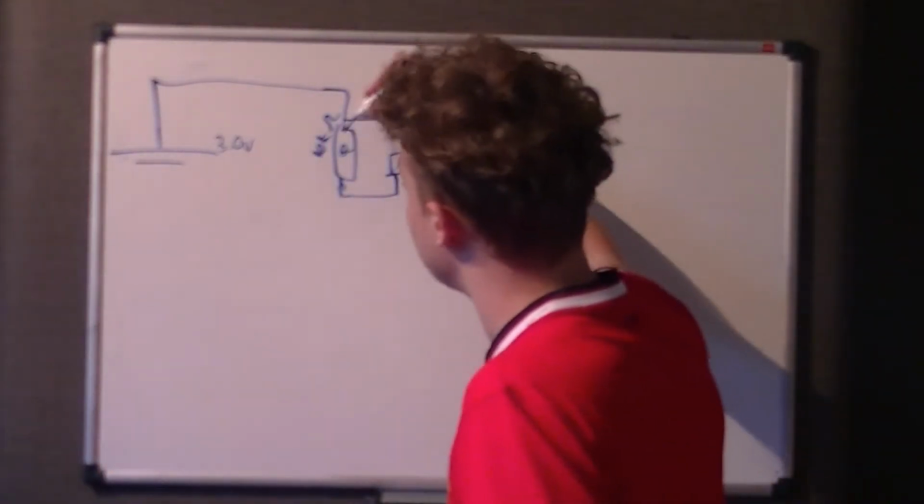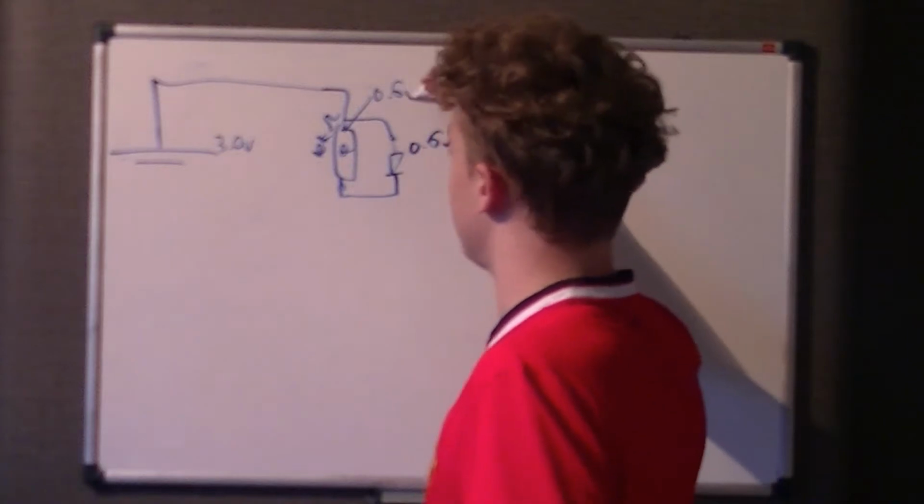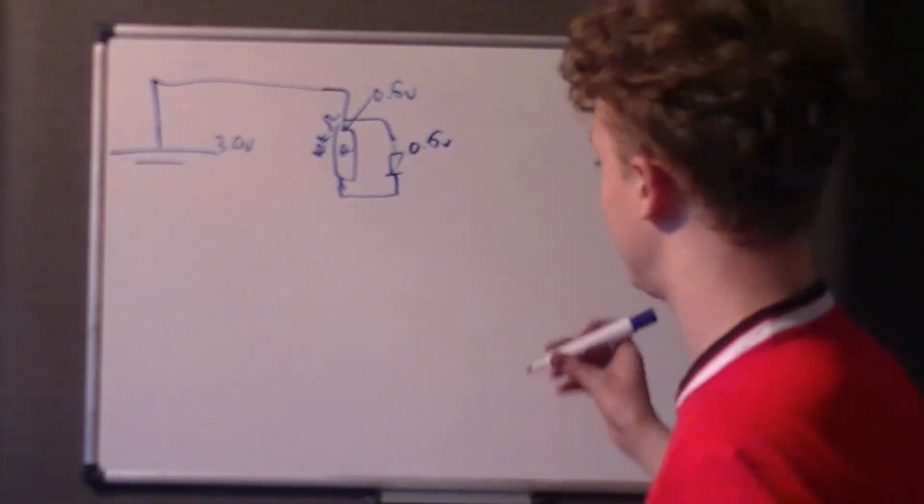Just imagine it as a resistor. As it's in parallel, the resistor Q is going to have a potential difference of 0.6 volts as well. So we'll just put that on. That is just a common circuit rule you need to know.